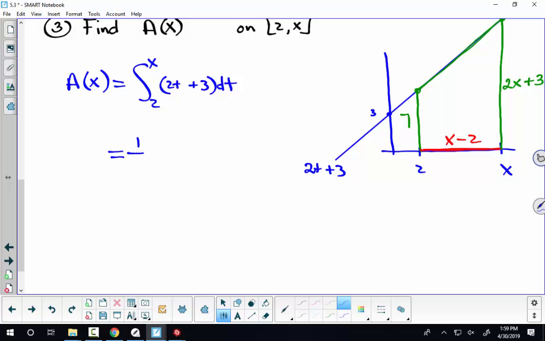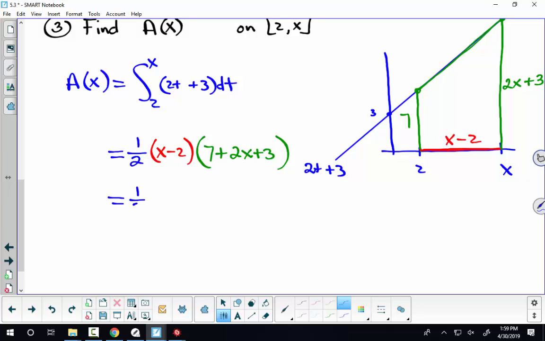So for the area, we're going to take 1/2 the base times the sum of the sides. Let's see what that is a little bit more neatly.